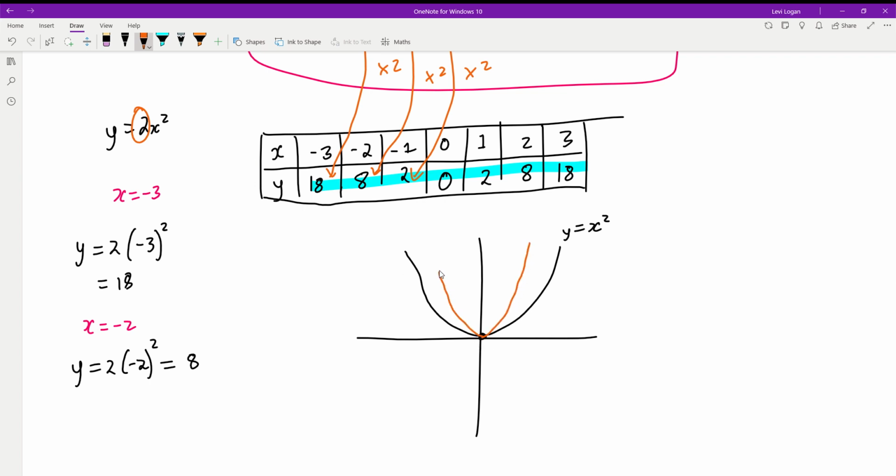It's going to be more inward because this coordinate here is 1, 1, but this coordinate here is 1, 2. So every single y value has been multiplied by 2. And this goes everywhere geometrically. So hopefully you can see that.